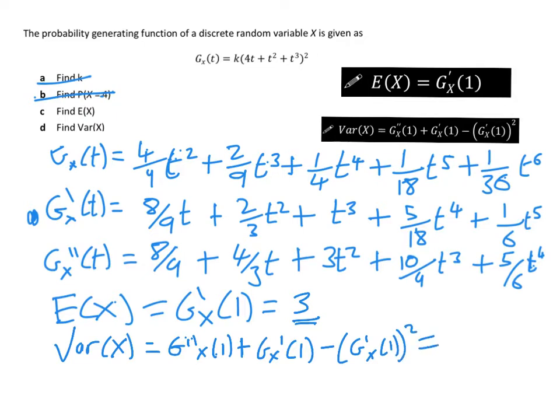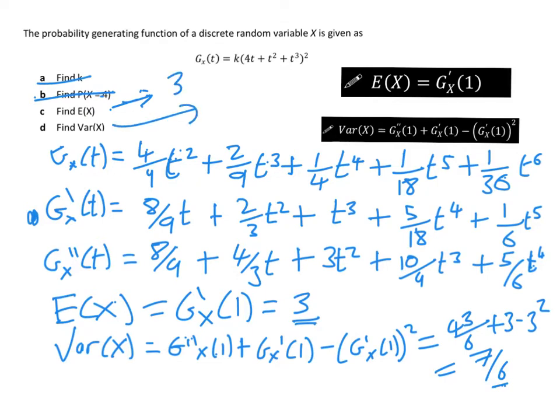Right, so we've got 43 over 6 plus 3 minus 3 squared. I'll stick that in the calculator and you get 7 over 6. So that should be 3 and that should be 7 over 6.